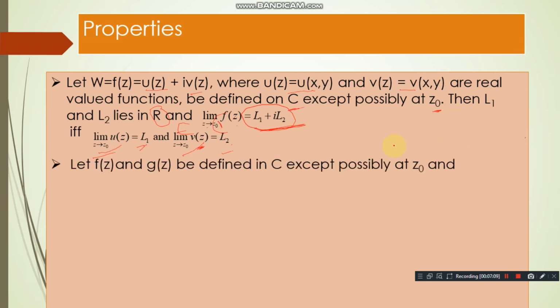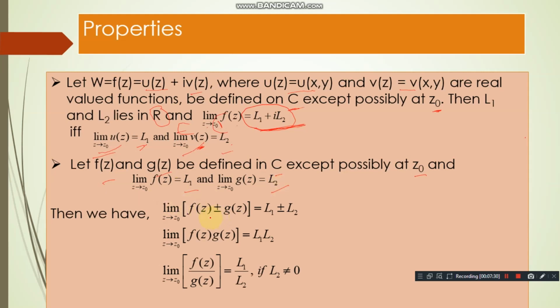And suppose let us take two functions f of z and g of z. These are two functions defined on a complex set except possibly at z0, and limit z tends to z0 of f of z is L1, and of g of z is L2. Then for the combination f of z plus or minus g of z, the limit is L1 plus or minus L2, and for the product we can take the product of L1 and L2. For the ratio, numerator and denominator, it is L1 by L2 when L2 is not equal to 0.